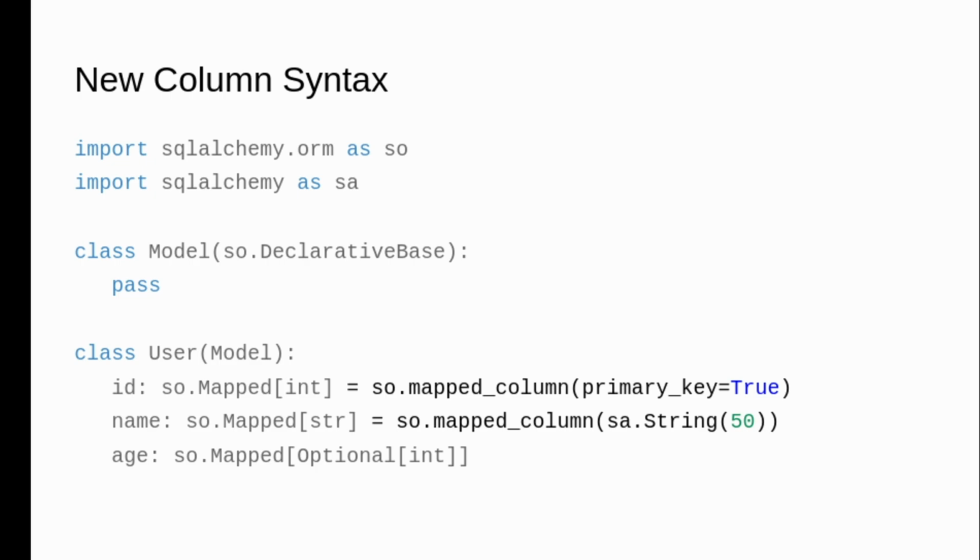In the first case, for ID, you're telling SQLAlchemy that this is a primary key. On the second one, you already declared it as a string, but the type doesn't have a way to give the length, and some databases, not all of them, but some, require length. So in that case, you can go back to the SQLAlchemy type and give it the length.